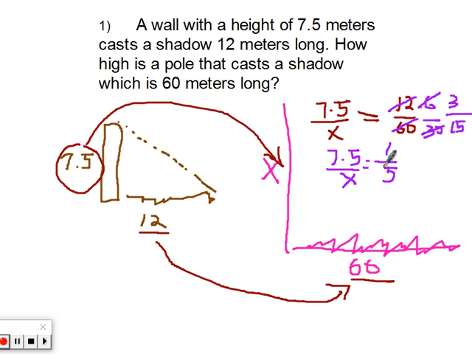Okay, so 7.5 times 5, because I'm going to cross multiply, and so 7.5 times 5, I'm going to do it on this side right here. 5 times 5 is 25. 5 times 7, 35, that's 37. So X is 37.5. Okay.